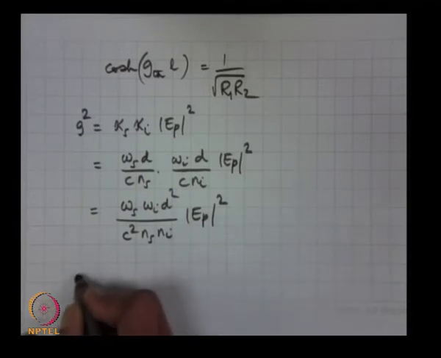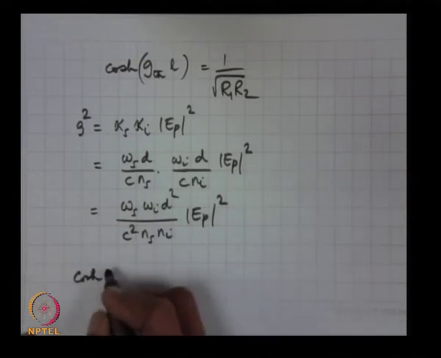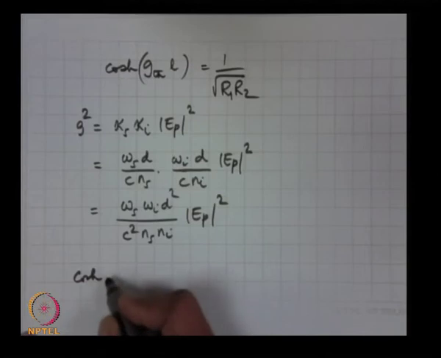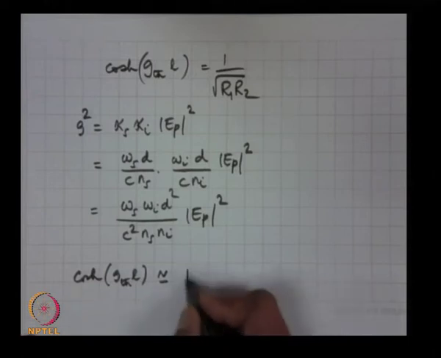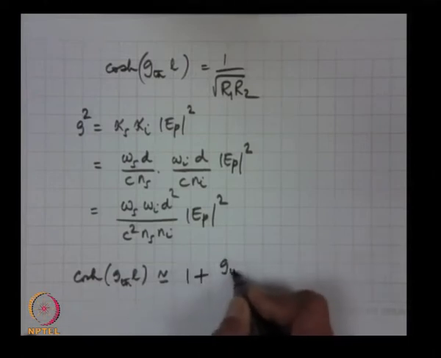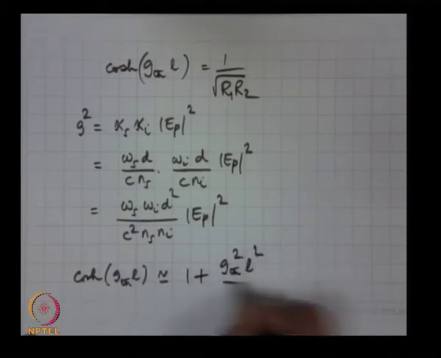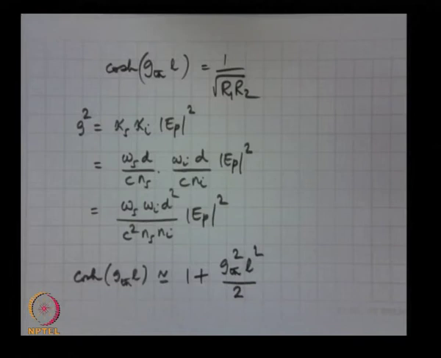So cos hyperbolic G threshold L is approximately equal to 1 plus something, because at x equal to 0, cos hyperbolic is 1.